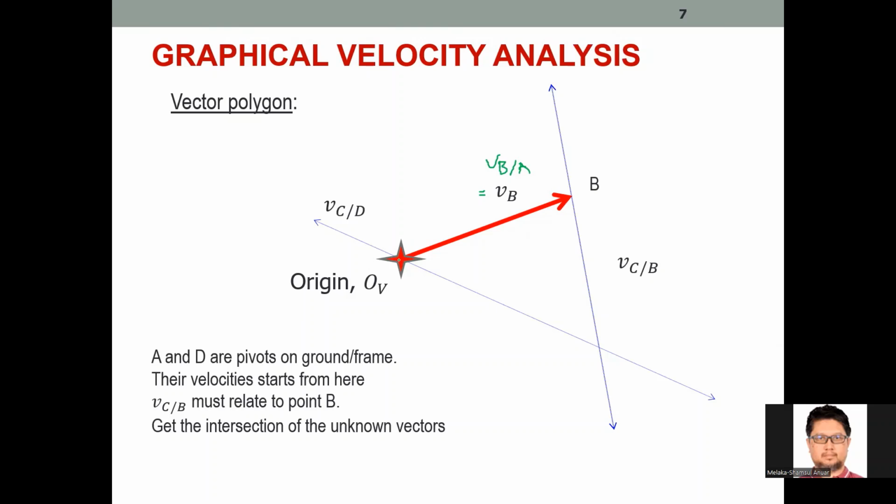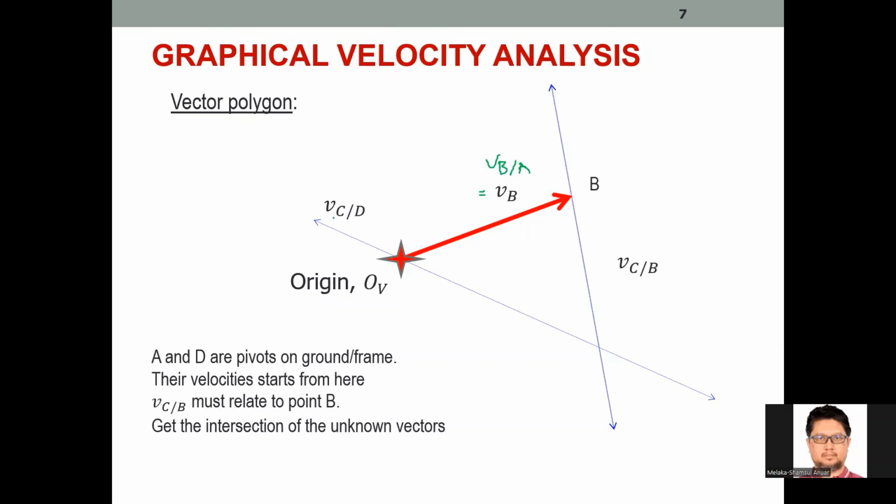We set the tail as the origin OV, so the origin OV, and we start from there. And then for the other two, we know the line of action for VC/B. Since VC/B needs to be in touch with point B, we draw that at the tip of vector VB.